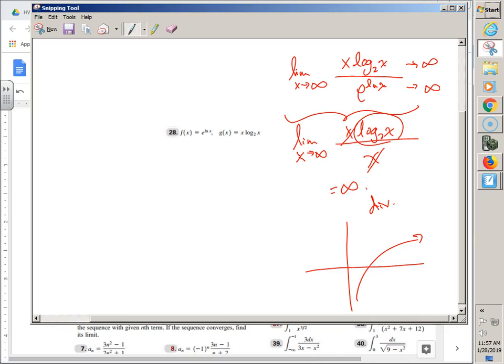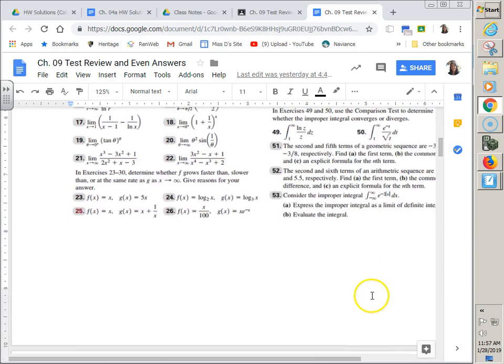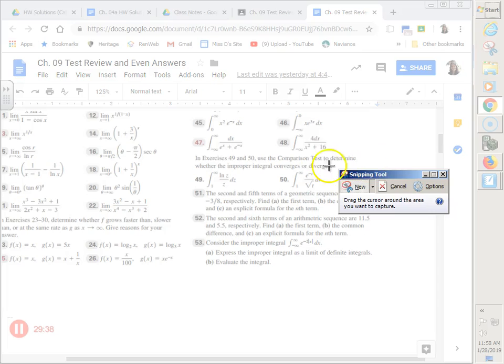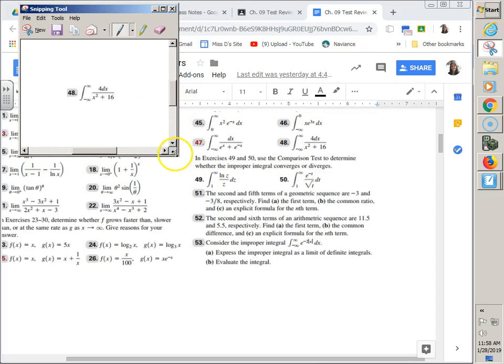So infinity tells me top wins, aka he's faster and he's slower, because greater magnitude, lower magnitude. We're going to have to do our top and bottom.